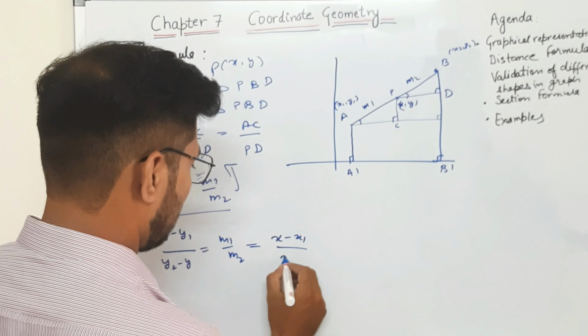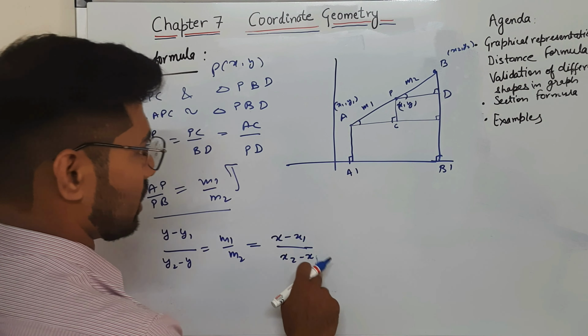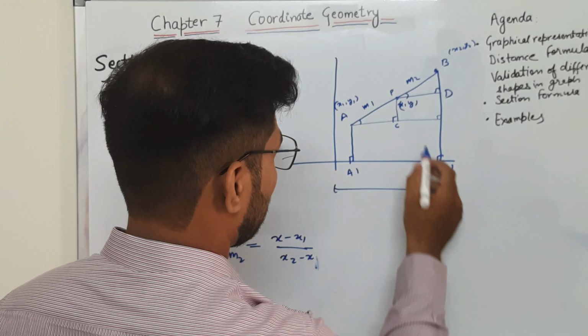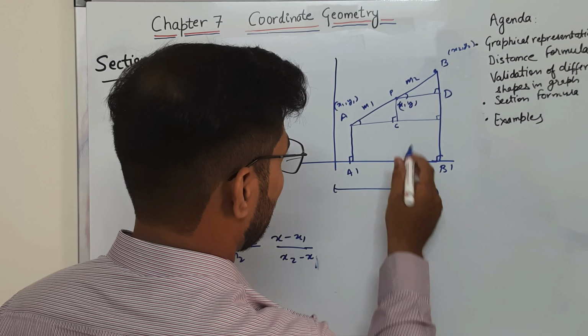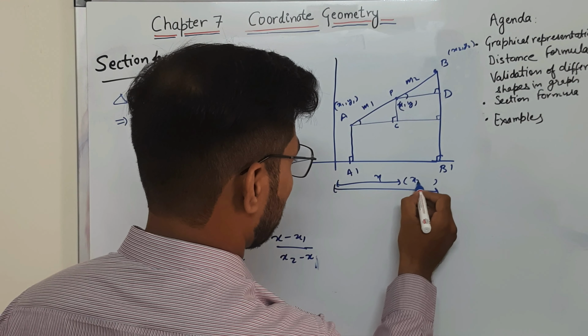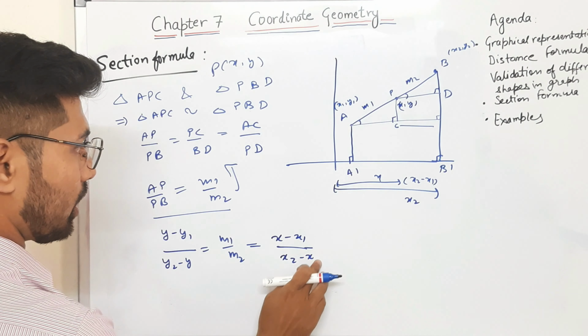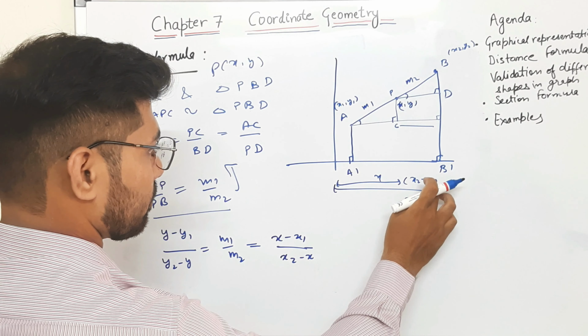PD is x2 minus x: this is x2 and this is x.